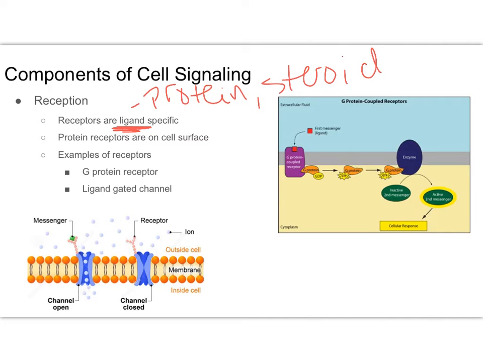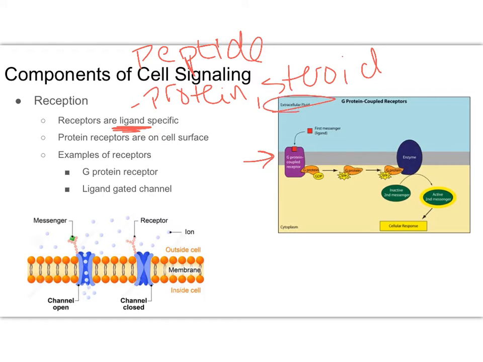So the receptors for a protein-based ligand or a peptide-based ligand, remember proteins are also peptides, is going to be on the outside of the cell, on the cell surface. You can see that in this picture right here. There's our cell membrane in gray.